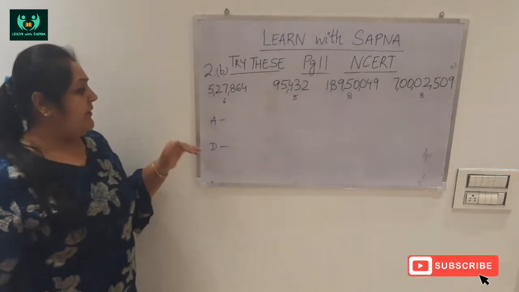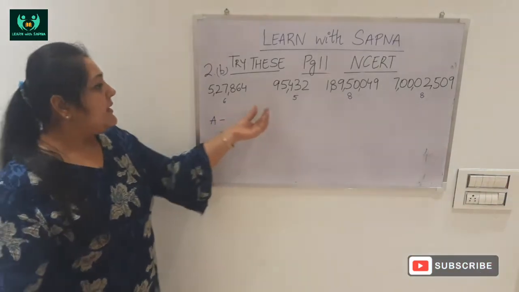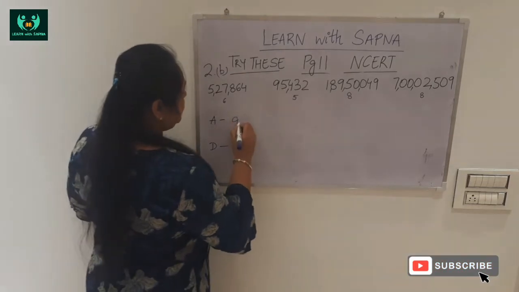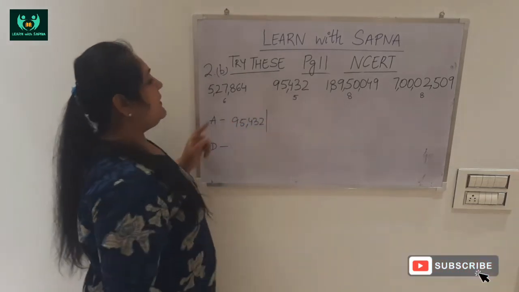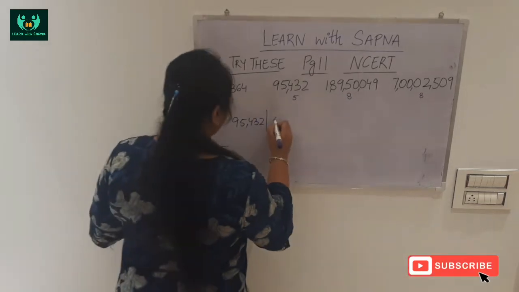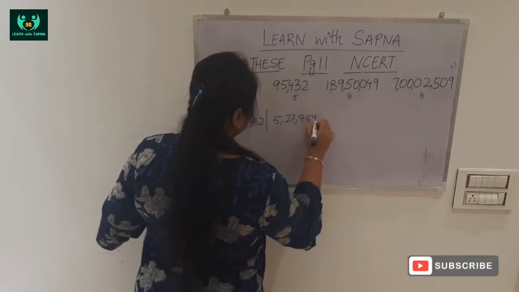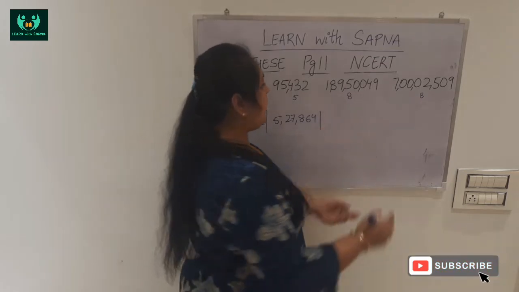So clearly when we are arranging in ascending order, we want the smallest number first, the one with the least number of digits, 5. This is our smallest number. So 95,432. Then next higher than this is 6. Which is our 6-digit number? 5,27,864. Now these two numbers are both 8-digit numbers. So we'll compare the highest value.